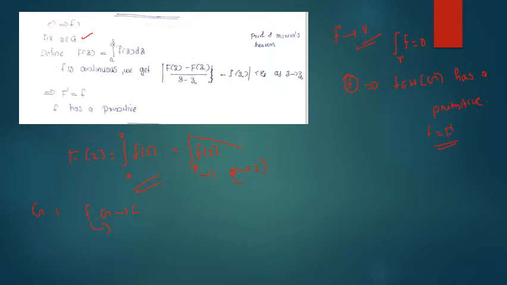If G is simply connected and f from G to C is analytic in G, then small f has a primitive in G. And for z0 belongs to G, we find what is F(z) minus F(z0) divided by z minus z0.